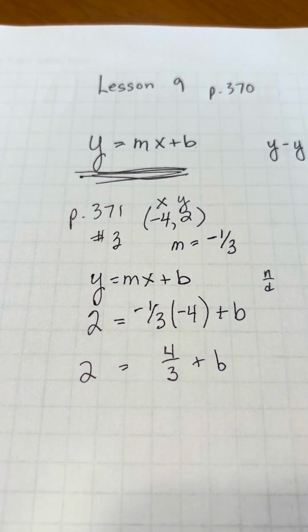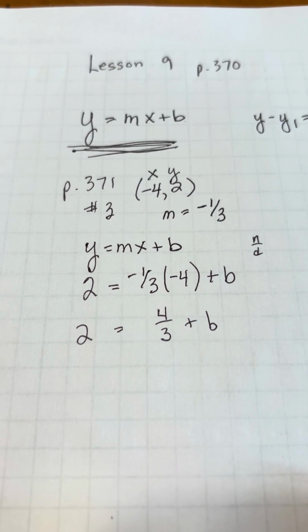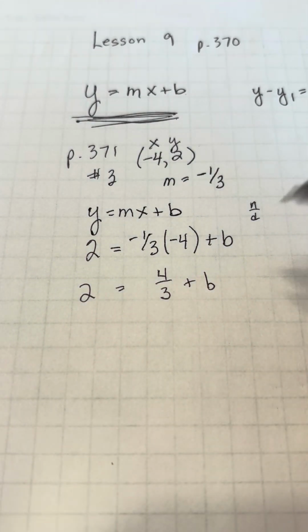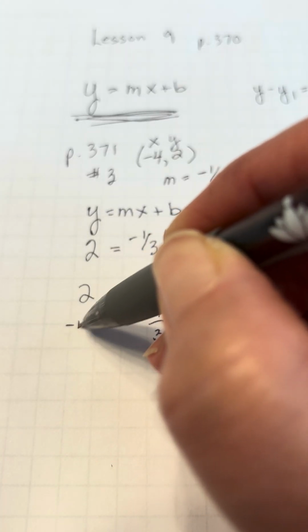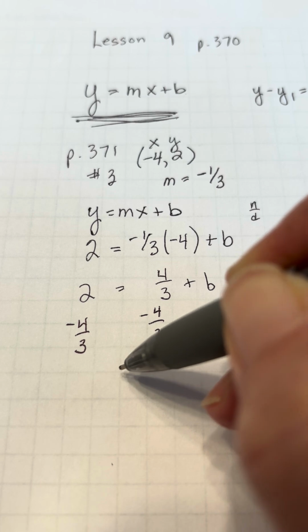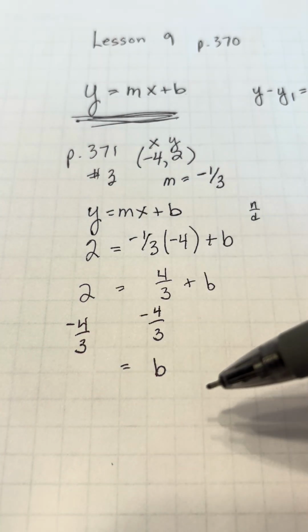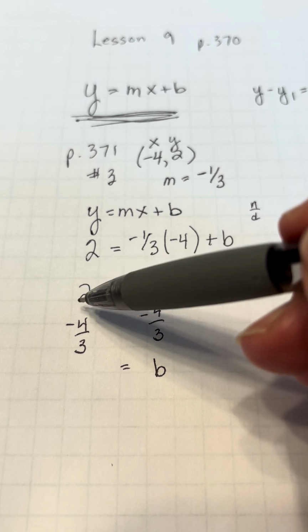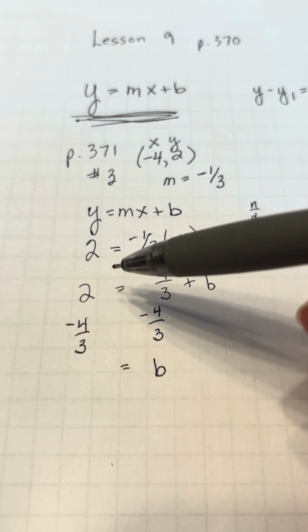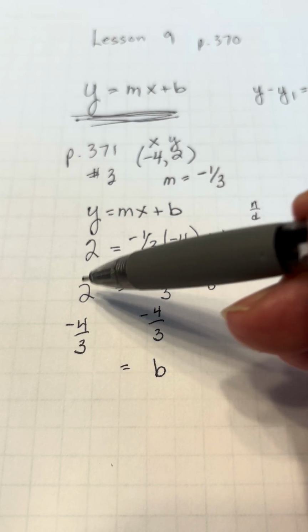We talked before about isolating a variable, getting it all by itself. What we know right now is that there is a 4/3 on the right-hand side, so we have to subtract it from both sides. On this side, I get b, and on this side, when I do my subtraction, I can use my calculator to subtract and then put in 4/3.